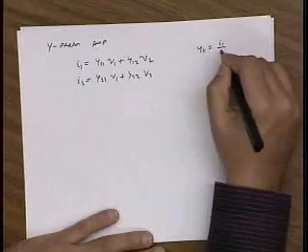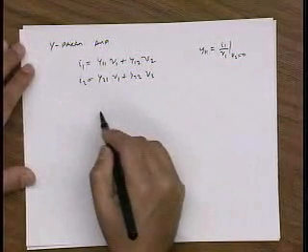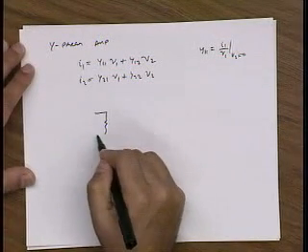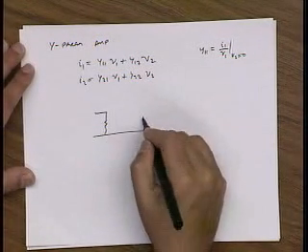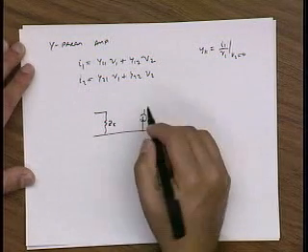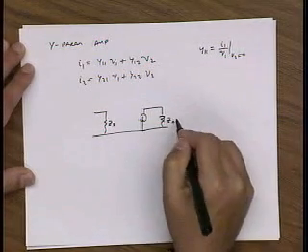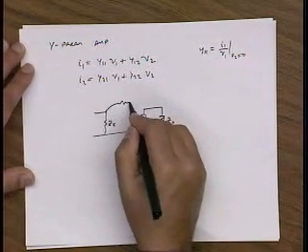So Y11 is I1 over V1, with V2 equal to 0. If I draw a relatively simple schematic of the amplifier, let's call this Z pi, let's call this Z out, and let's call this Z mu.